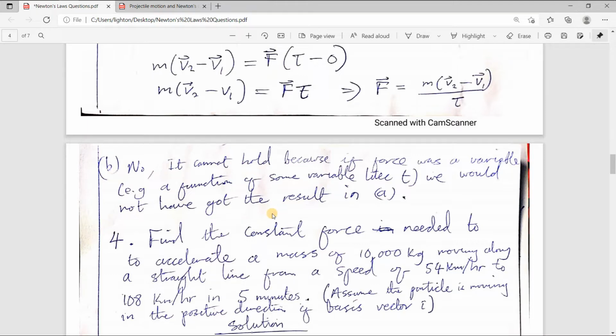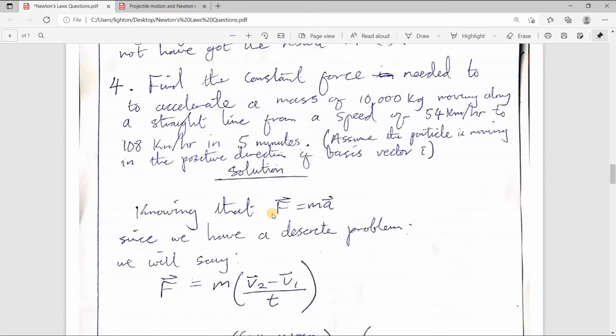This is still particle dynamics, and now we're moving to problem 4, which says: find the constant force needed to accelerate a mass of 10,000 kg moving along a straight line from a speed of 54 kilometers per hour to 108 kilometers per hour in 5 seconds. Now, assume the particle is moving in the positive direction of basis vector I.